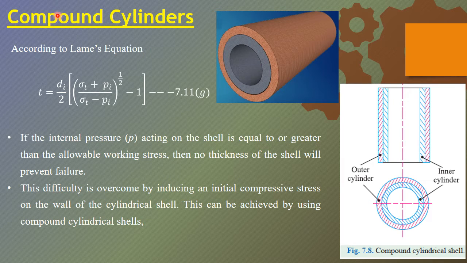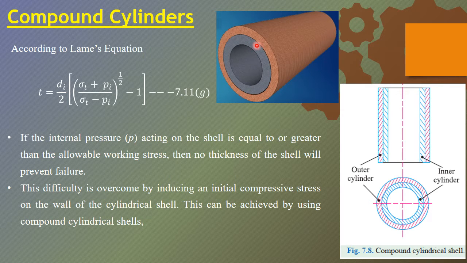That is the concept of compound cylinders, where two cylindrical shells are placed together. To repeat: this is the outer diameter of the outer cylinder, this is the inner diameter of the outer cylinder, which is also the outer diameter of the inner cylinder, and this is the inner diameter of the inner cylinder.